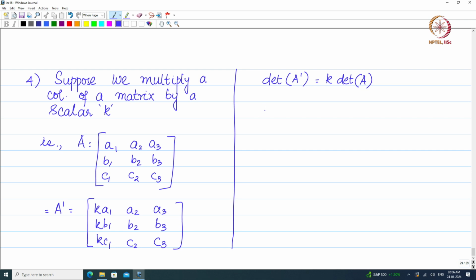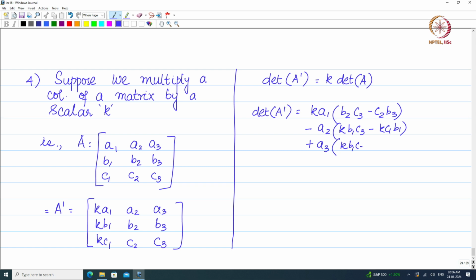So, we can say that the determinant of A prime is nothing but k A1 into B2 C3 minus C2 B3, minus A2 into k B1 C3 minus k C1 B3, plus A3 into k B1 C2 minus k C1 B2.